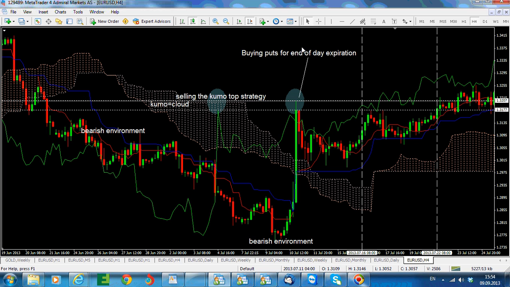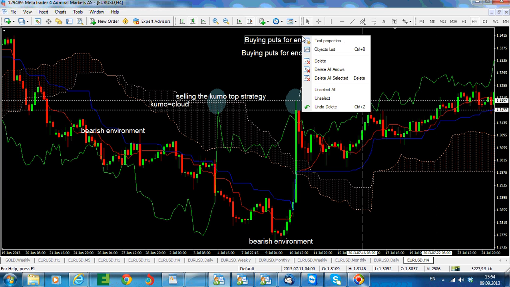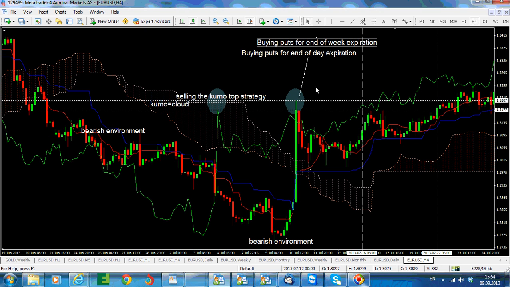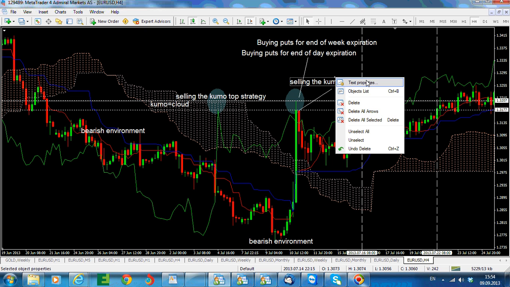So either you have end of day expiration or end of week expiration. You are engaging in buying puts. In buying puts, the striking price normally should be around these levels here. If you miss that level, then just go for another setup.